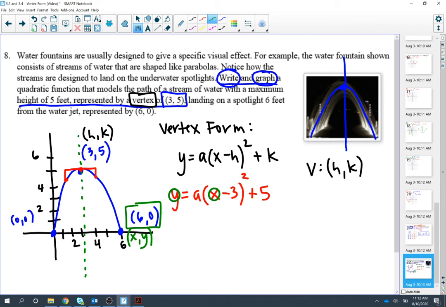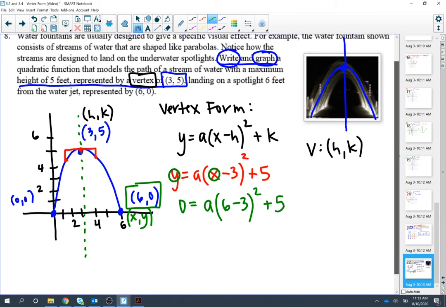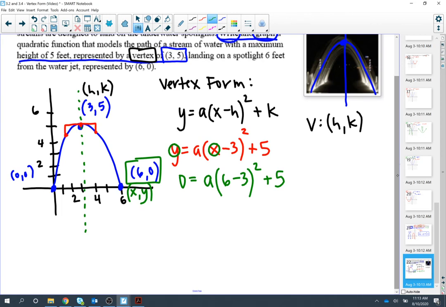So x, y. Y is 0, so 0 equals, I'm going to leave a because that's what I'm trying to find, x, which is 6 minus 3 squared plus 5. And then I'm going to simplify this, and I'm going to try to figure out what a is.